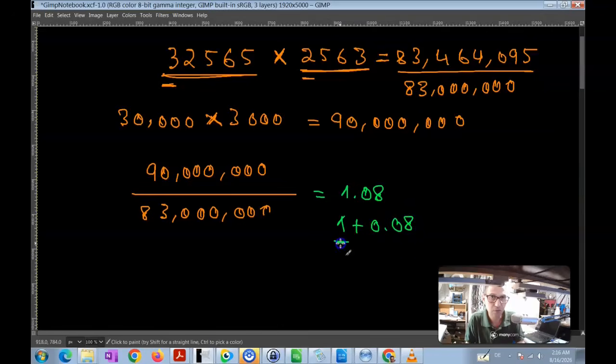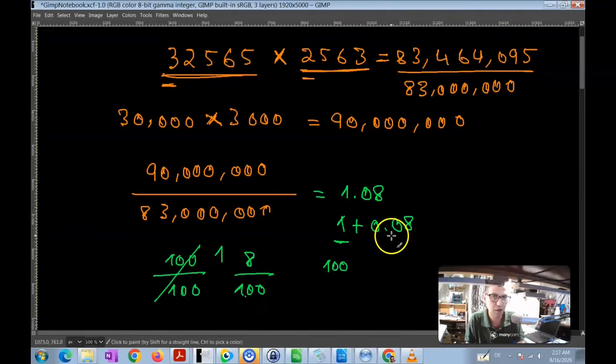A 1 is nothing but 100%, which is a number divided by itself. And 0.08 is the same thing as 8%, that's 8 hundredths. So that's 100% plus 8%, right?